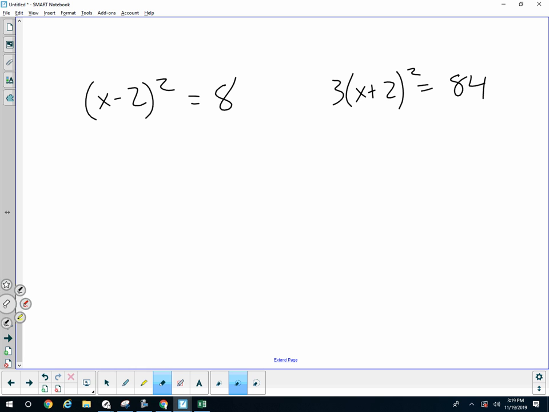More space. Let's do this problem on the left. You got it.